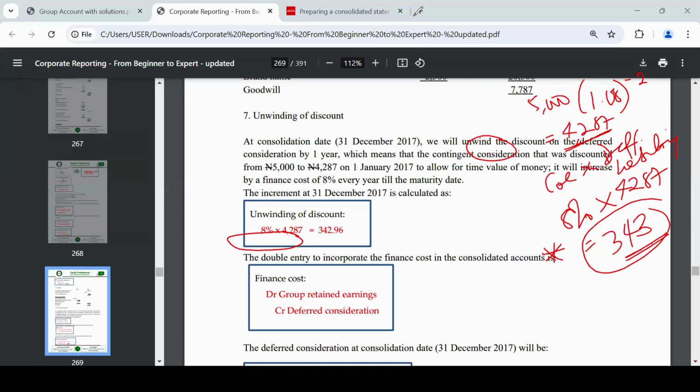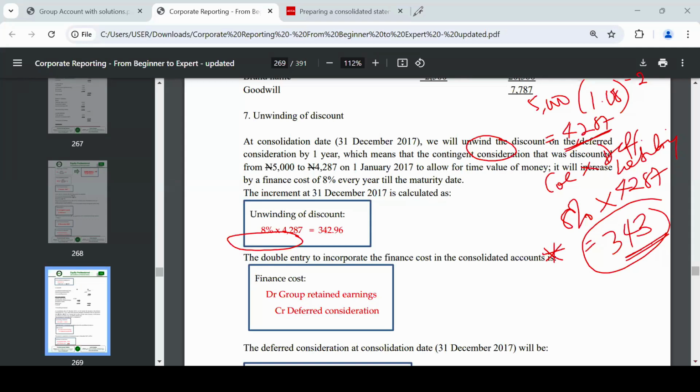And the simple reason for that is even if it were to be contingent, meaning that you need a condition to be met before that liability will crystallize into cash payment, what you are still going to do in your book is to recognize a liability.